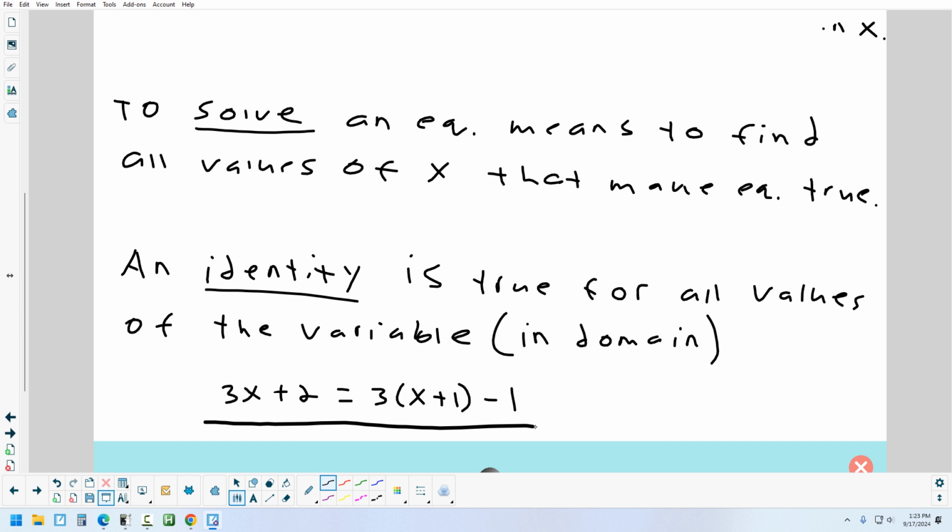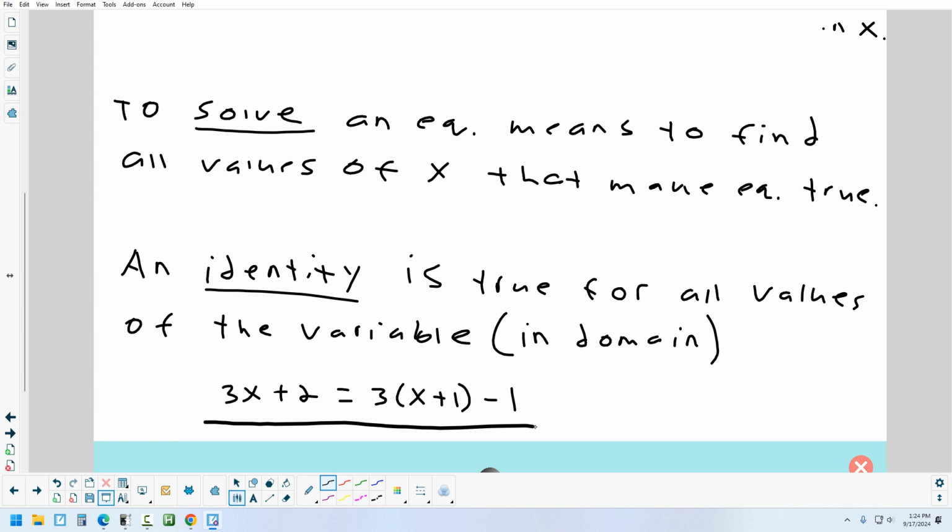Anybody see what would happen if you did out the right-hand side? Wouldn't that be the same equation on both sides? It's the same expression on both sides. Yeah. So you'd end up with 3x plus 2 on the right side. If you have an equation with the same expression on each side, that's called an identity, because there's no way to plug in a number that would make it not work.